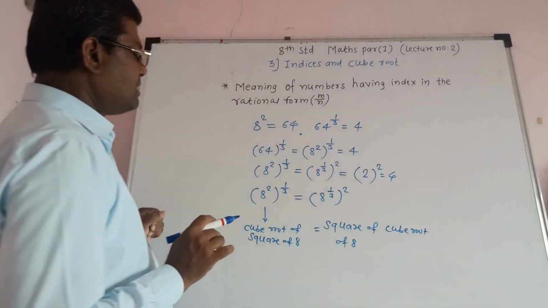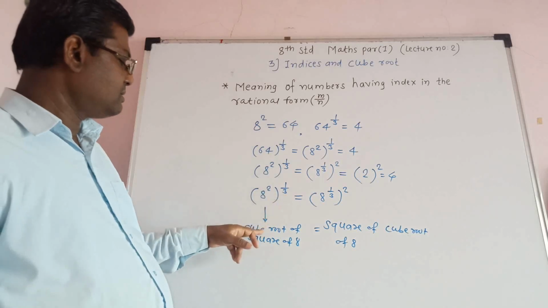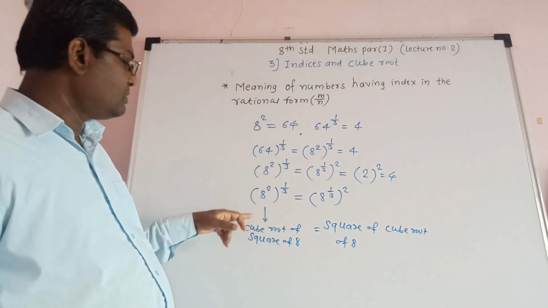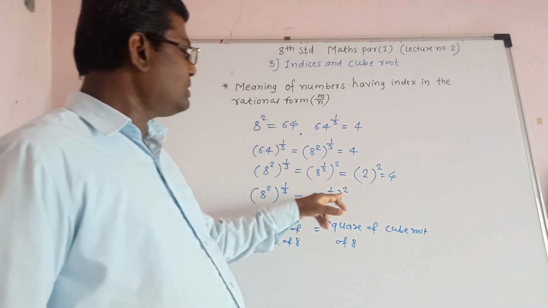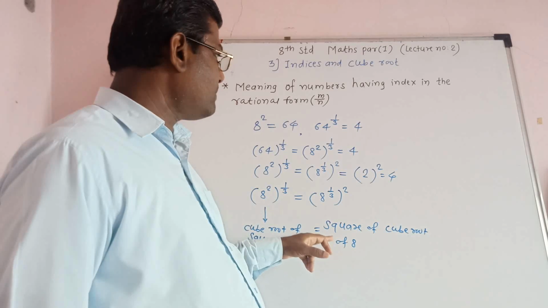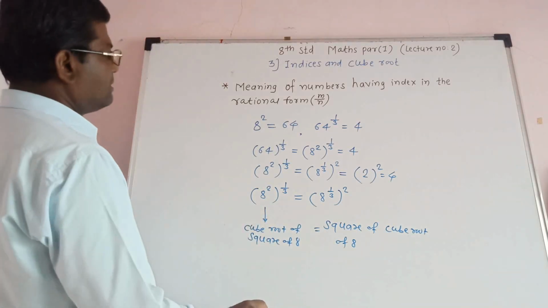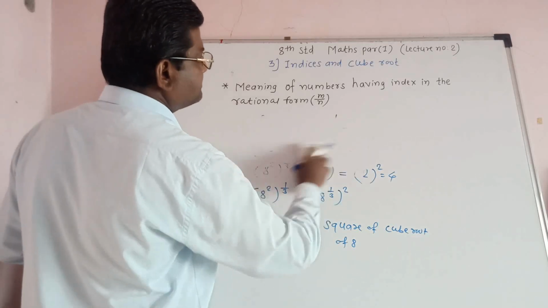These two things are similar. 1 upon 3 indicates cube root of. Whose cube root? Square of 8. Here 2 indicates square. Whose square? Cube root of 8.